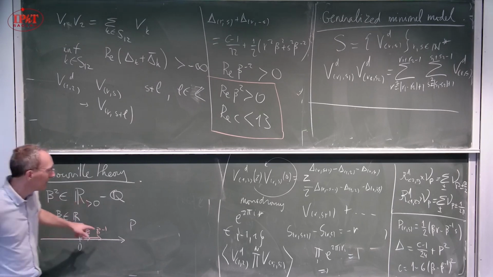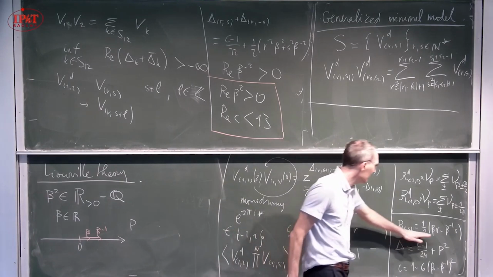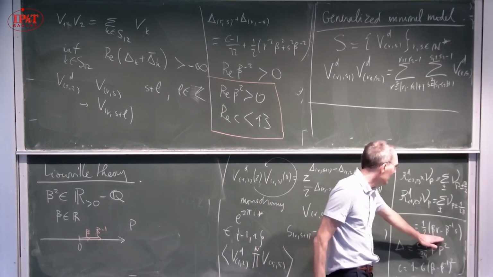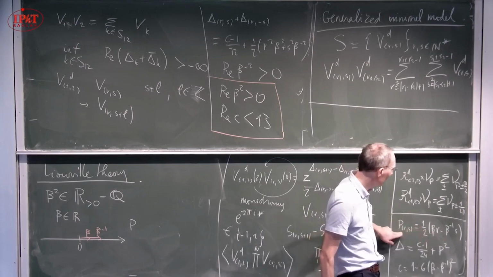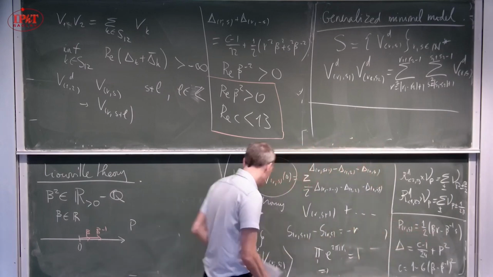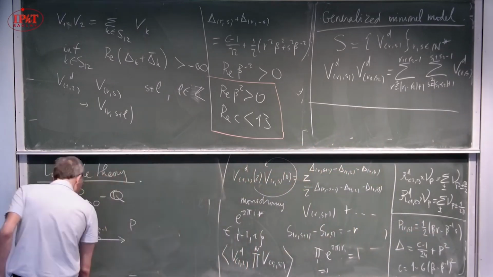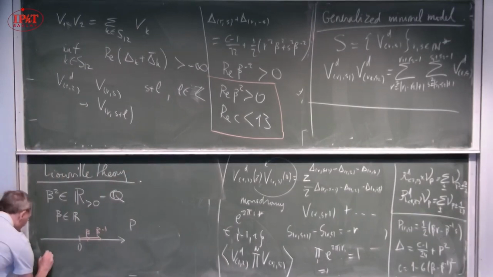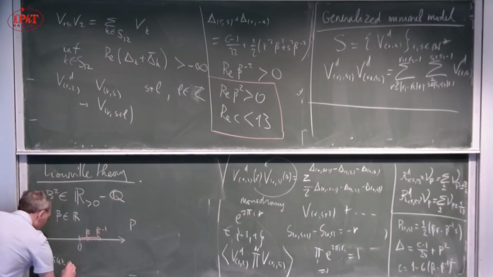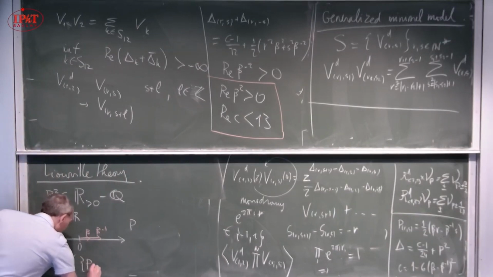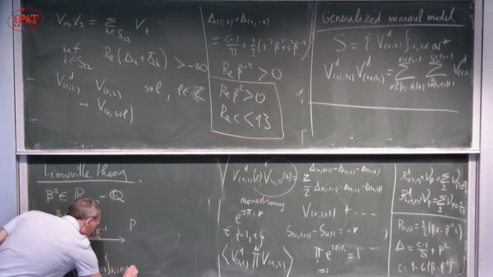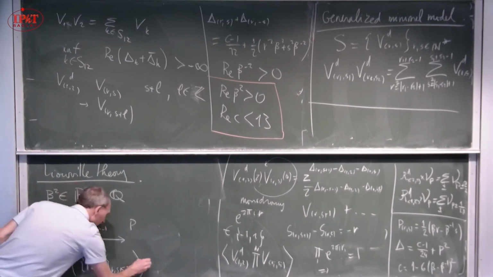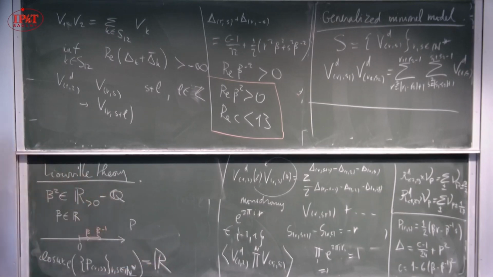And if you look at all these values PRS, now I have this crucial minus sign, and therefore I'm claiming these values are dense in the real line. So in mathematical terms, I'm claiming the closure of the set of PRS is the whole real line.